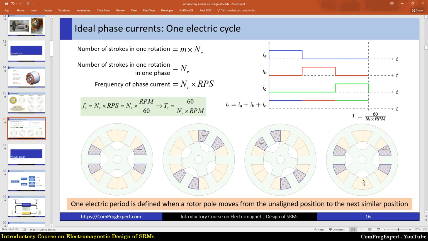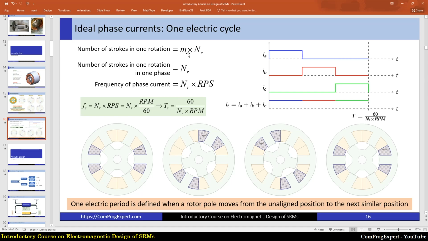So what is the number of total strokes in one rotation? If you look at the phase A, for one complete rotation, all poles of the rotor core will be in front of one stator pole, that is equal to NR, and we have M phases.